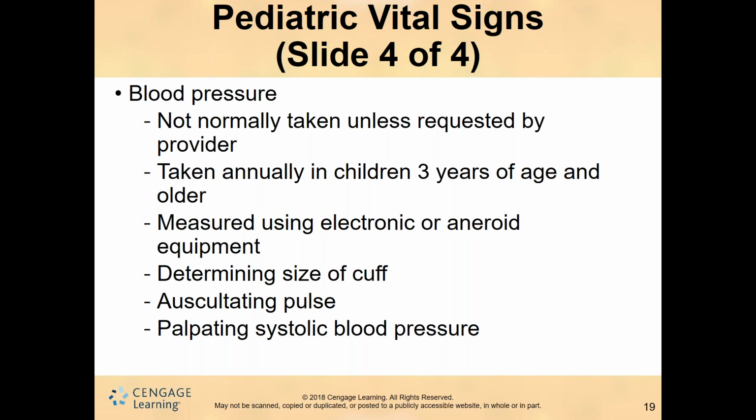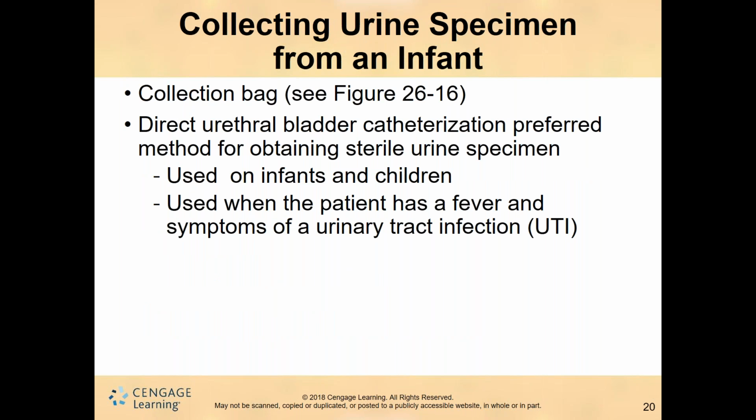Usually in the upper arm, you would want 2/3 of the upper arm covered by the cuff and no more than that. Or you can also do a palpating systolic blood pressure, but in most cases you should be able to get both diastolic and systolic.